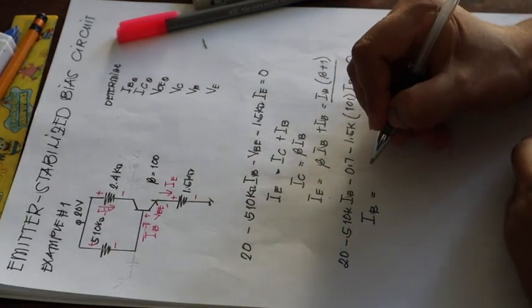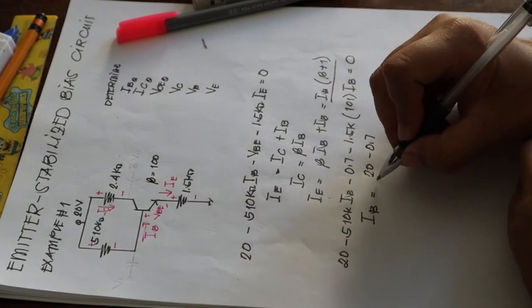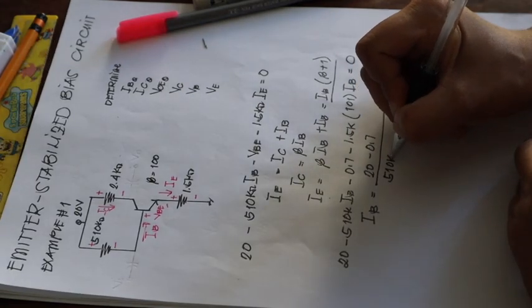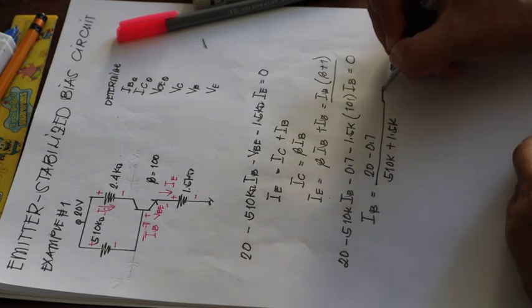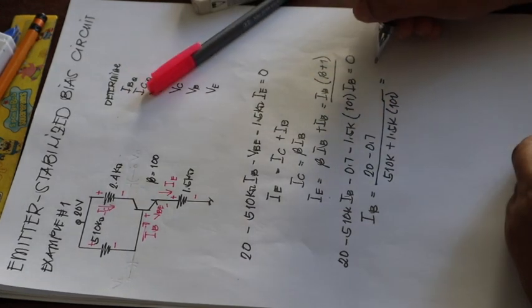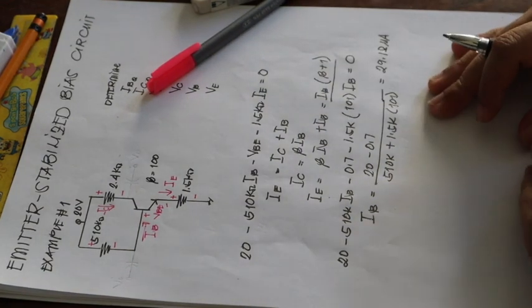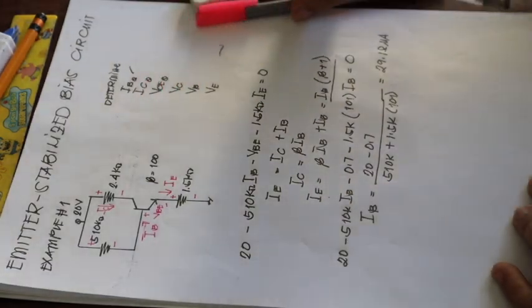IB is equal to 20 less 0.7 all over 510 kilo ohm plus 1.5K multiplied by 101, and this will give us a base current equal to 29.18 microampere.